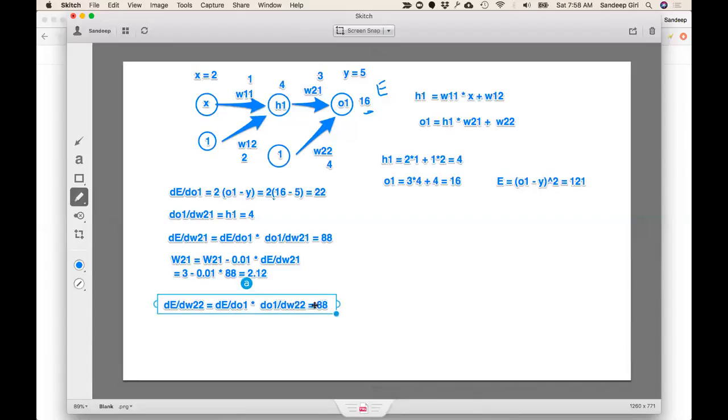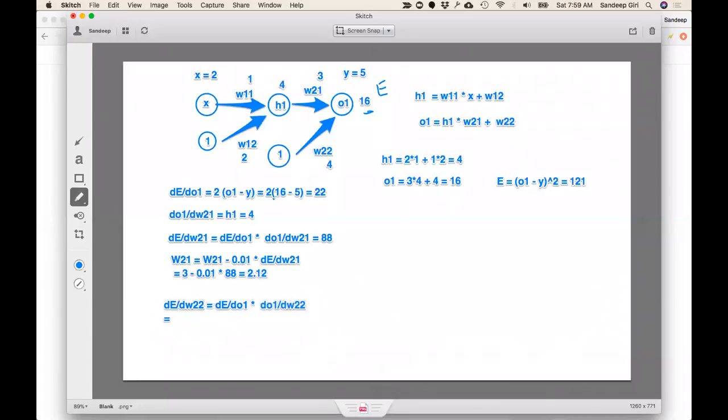Okay, so how much is this? This one is fixed, that we know, and this one is rate of change of O1 with respect to W22. It is 1, correct? This portion is going to be 1.